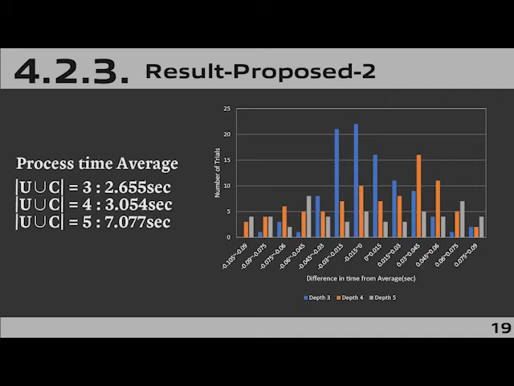Looking at the graph, we can see that it follows a normal distribution, except when the search word set is 5. From the above, it can be concluded that the proposed method has a certain stability, as well as the existing method.